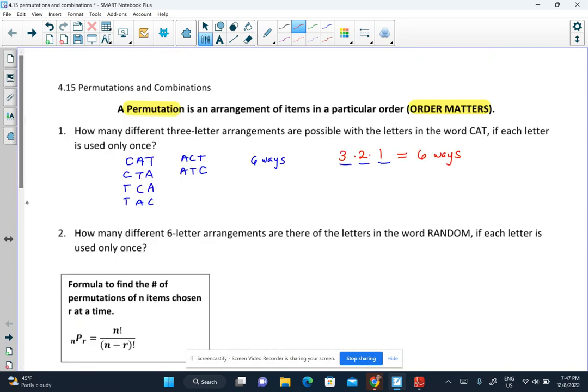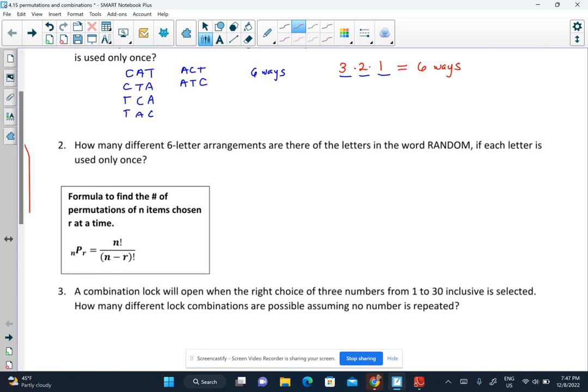Number 2. How many different 6-letter arrangements are there of the letters in the word random if each letter can only be used once? So now we have many more different arrangements, so I don't want to list out all possibilities. I just want to find out the number of ways. So let's start out by using the slot method.